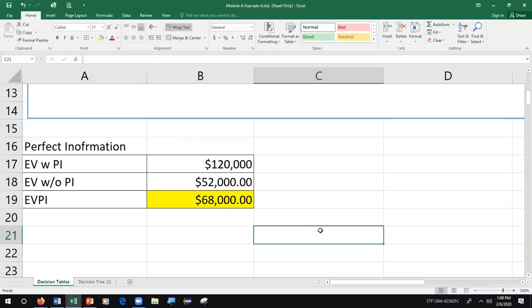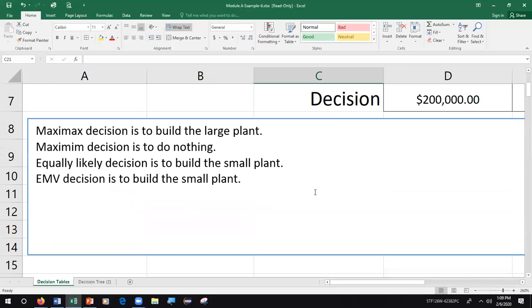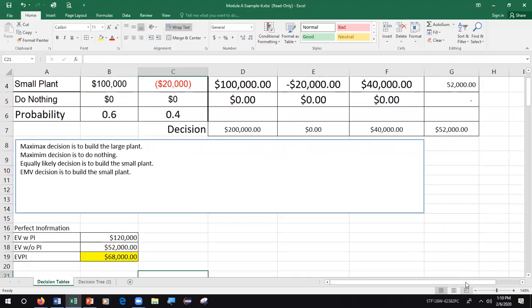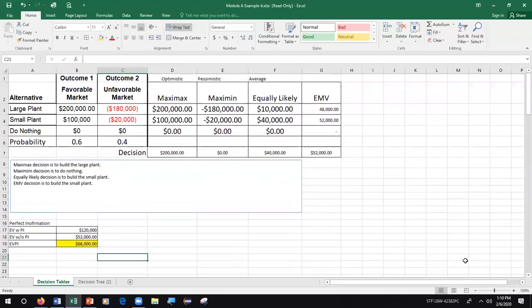So what does the EVPI tell me? If I think I need more information to determine which of these alternatives to select, and whether to use whatever strategy going forward, what is this number telling me?